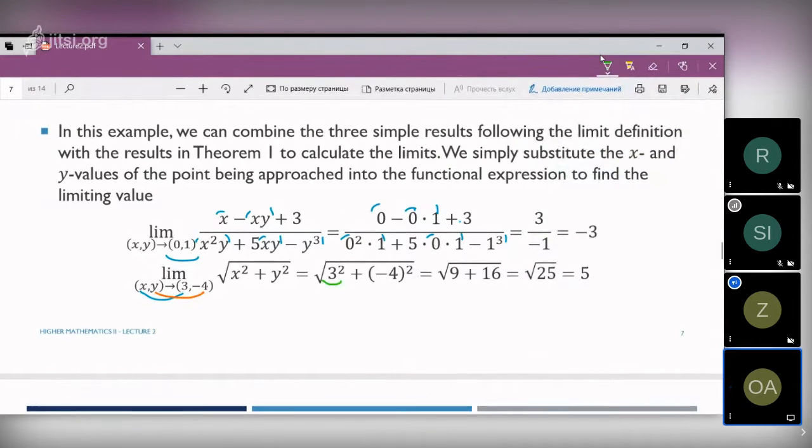X is 3, so 3 squared plus y squared, negative 4 squared. 3 squared is 9 plus negative 4 squared is 16. 9 plus 16 gives us 25. Square root of 25 is 5. We have done with this first example.